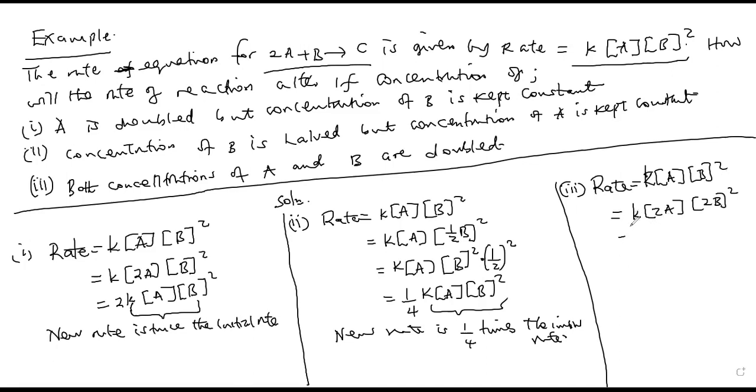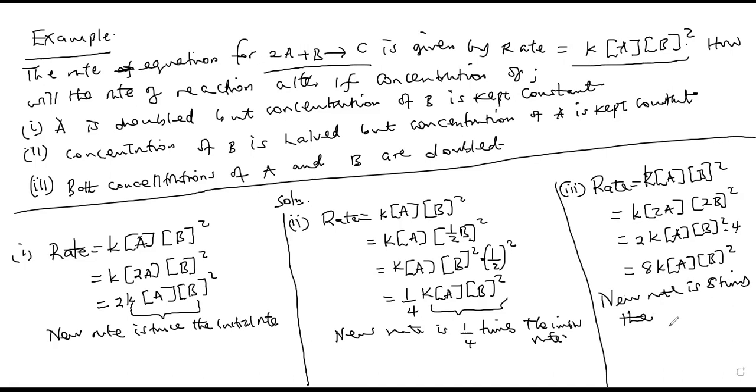So here we pull out a 2, so it will be 2K, concentration of A. This 2 will square, so it will be B squared and 4. So this 4 times 2 will multiply to make it 8. We shall have 8K concentration of A, concentration of B squared, implying that the new rate is 8 times the initial rate.